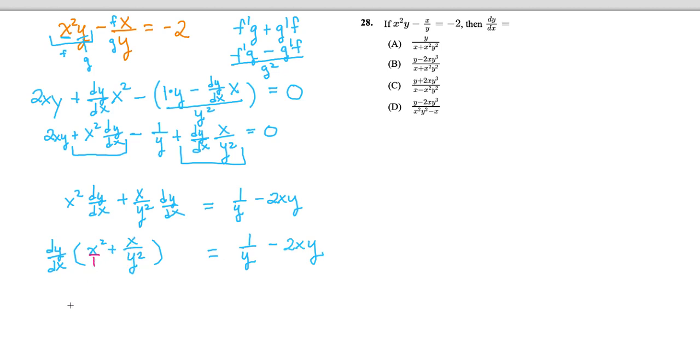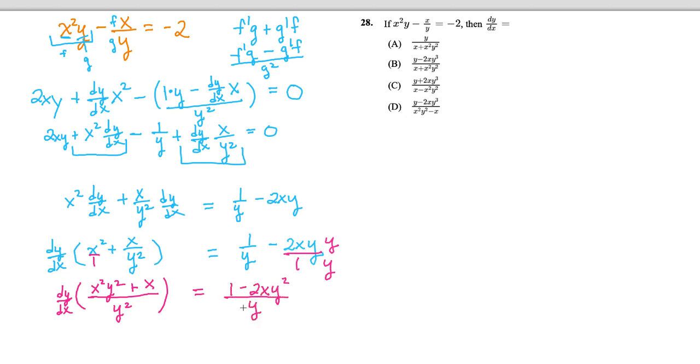And that's y squared. So I would multiply that term by y squared on the top and bottom and get x squared times y squared plus x over y squared, the whole thing, equals, and I want to do the same thing over here. I need to get the common denominator as being y, so it's 1 minus 2xy squared over y.